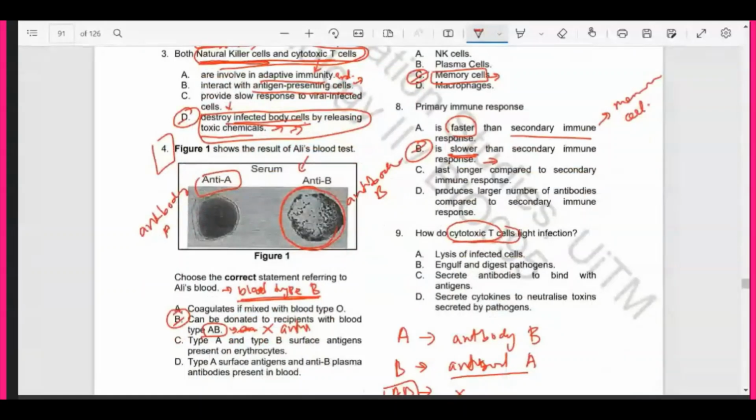So what is the cytotoxic T cell involved in? Cell-mediated immune response.